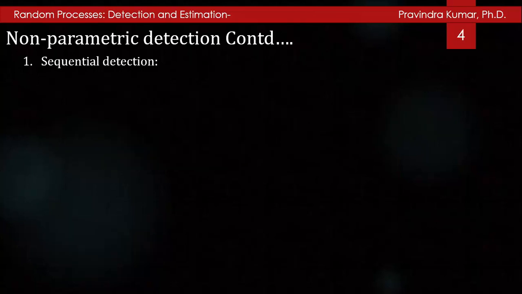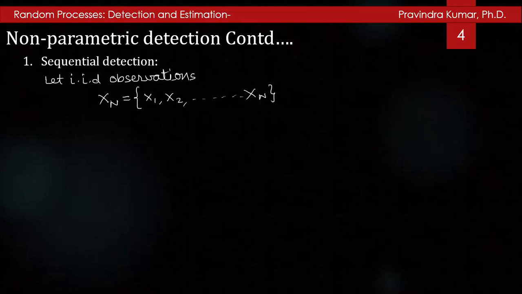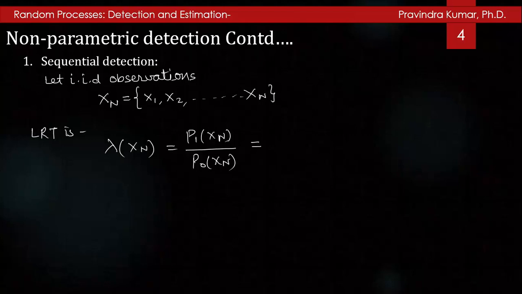Let we have independent and identically distributed observations x1, x2 to xn, and the likelihood ratio test will be lambda(xn) = p1(xn) by p0(xn), which equals the product from n=1 to N of p1(xn) by p0(xn).